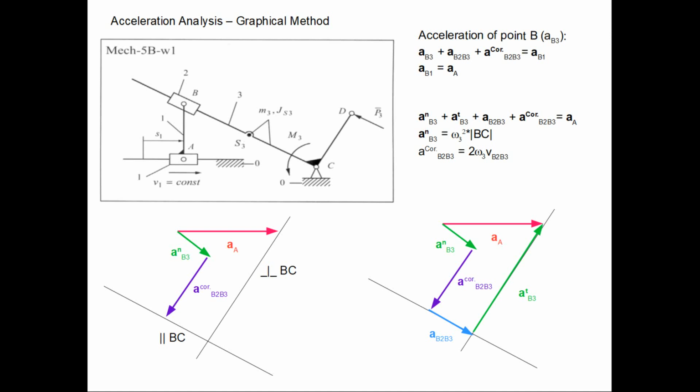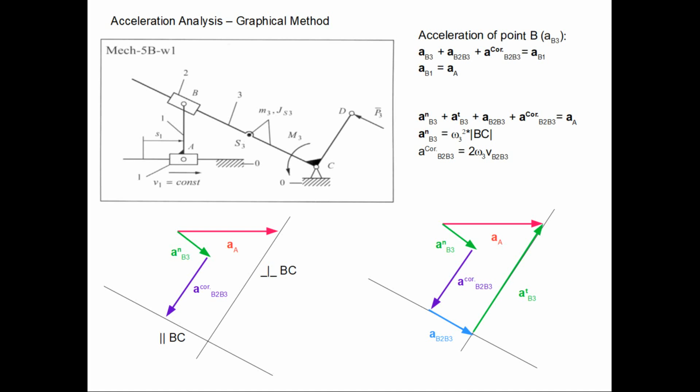So now we can start to see which accelerations are known to us. First of all, AB3, we don't know neither direction nor the value, because we cannot assume that the epsilon3 is equal to 0. It is not, probably, and we have to assume that AB3 has two components. AB3 has to be decomposed into two components.